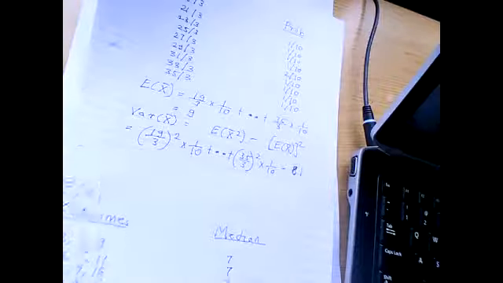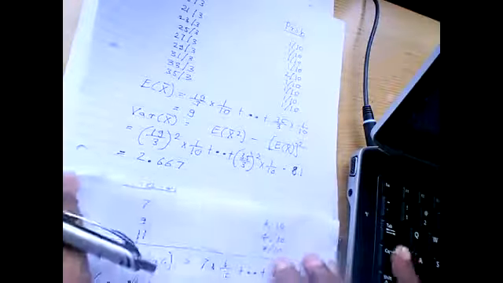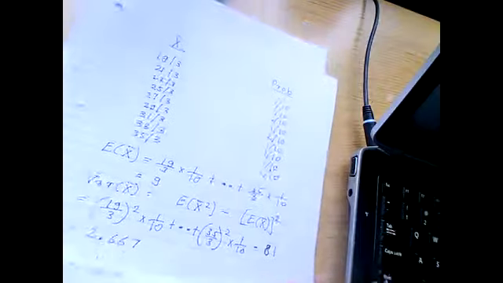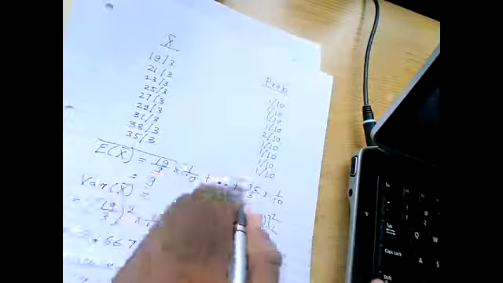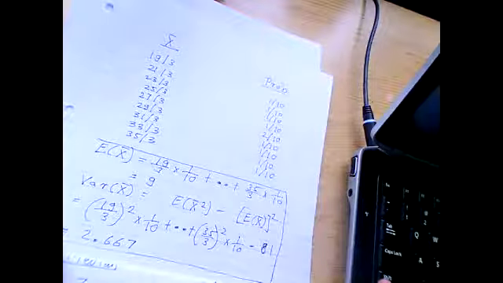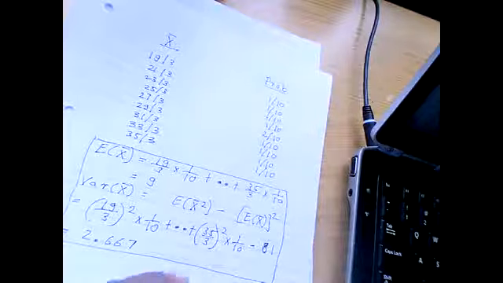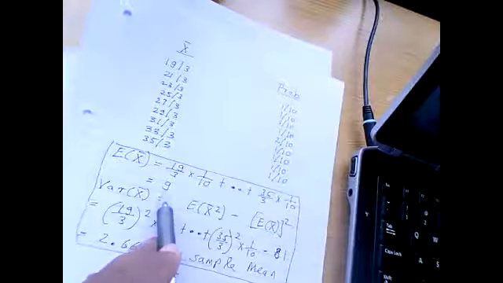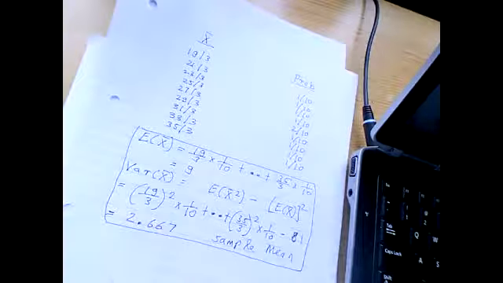Now, if you go back to what we did previously, over here, this is what we got for the sample mean. This is the expectation and this is the variance that we got, right?